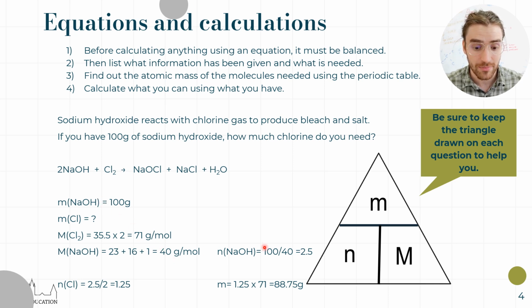We can find the number of moles of sodium hydroxide, and because the ratio is going to be 2 to 1, we can divide that number of moles by 2 to get the number of moles of chlorine. Once we have the number of moles of chlorine, we can then calculate the mass using our molar mass. And remember, your molar mass can be obtained from the periodic table.